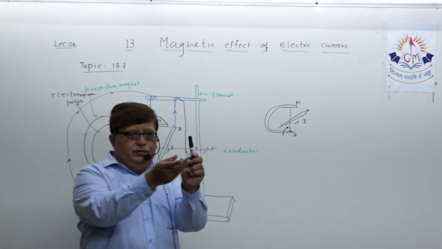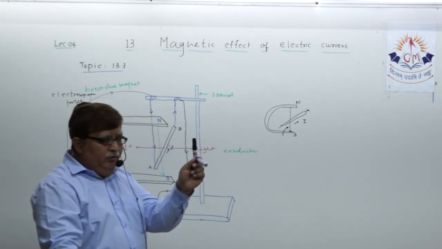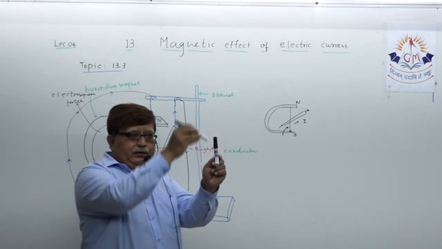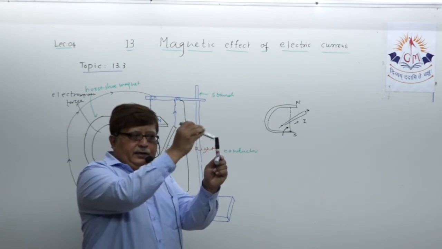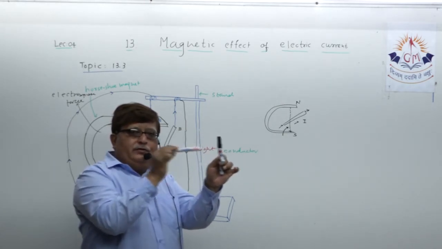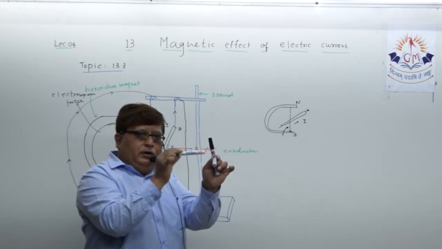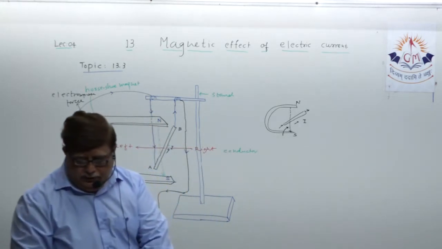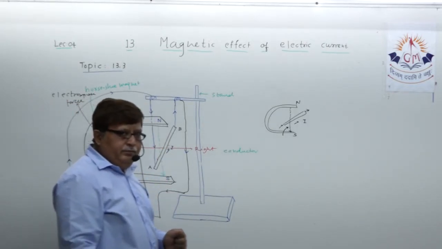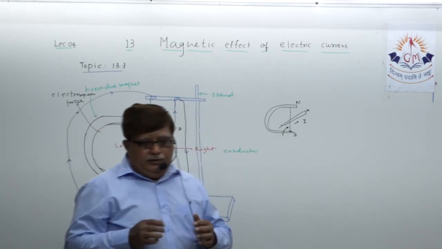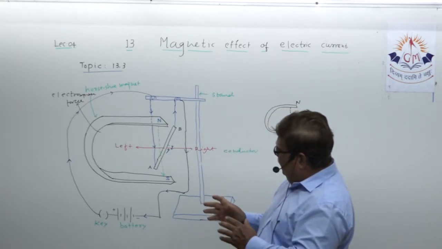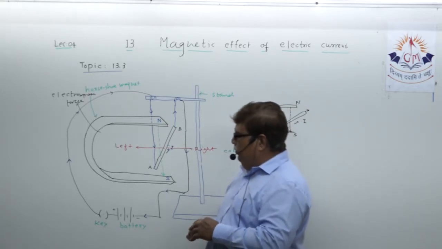And the motion of the conductor is this way, leftward and rightward. This is showing the magnetic lines, this the direction of current, and this the motion of the conductor. All three physical quantities, that means magnetism, electric current, and motion of the conductor, are perpendicular to each other.